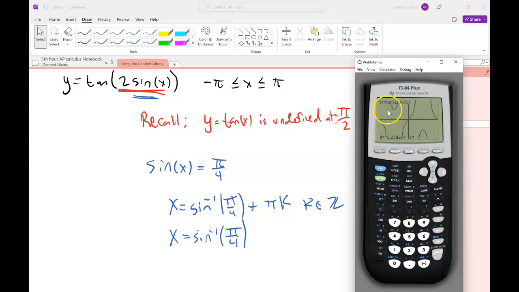Okay, so that's this spot over here. So what we're doing so far looks good. Okay, and then we'll try sine inverse of pi over 4 plus a half a pi. Yeah, that'd be fine. So that's missed that one. So there's another one here, right?